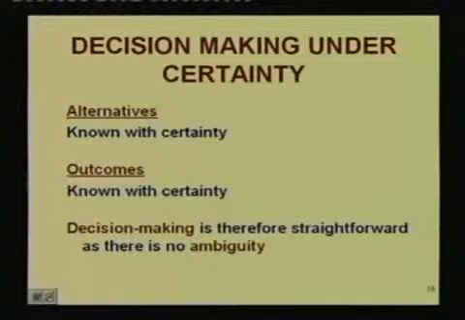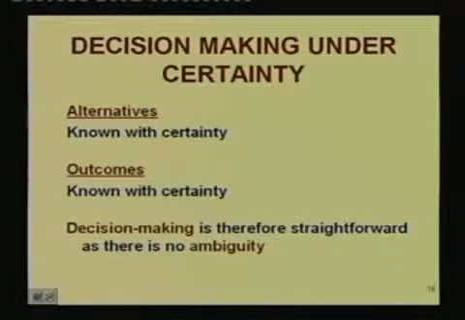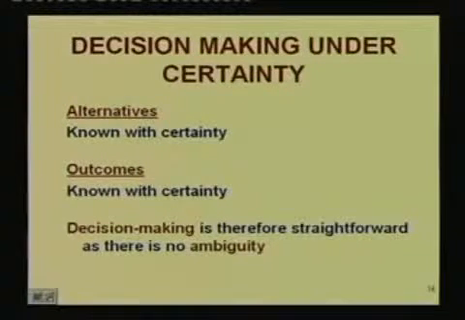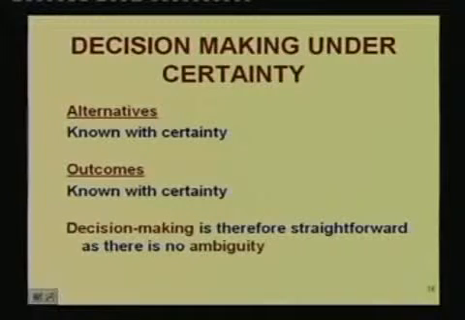If these are my decision alternatives, then what will be the outcome? These processes are very clearly known, so it's very straightforward. The only thing we have to do is identify the alternatives, identify the outcomes and put it into practice.